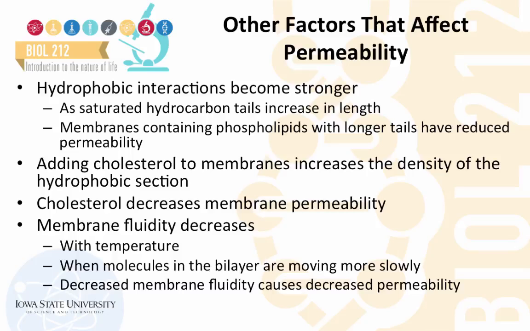The presence of cholesterol within membranes also increases the density of the hydrophobic section, thus reducing permeability. In addition to this, membrane fluidity also decreases with decrease in temperature because the molecules in the bilayer start moving slowly, thus reducing the permeability of the membrane to solutes.